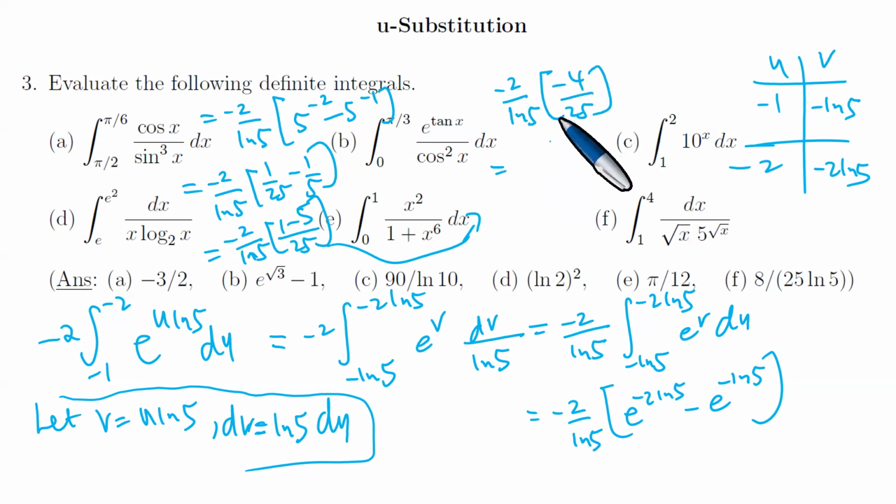Now minus 2 times minus 4 is 8, so we have 8 over 25 ln 5, which is this. So this answer is correct.